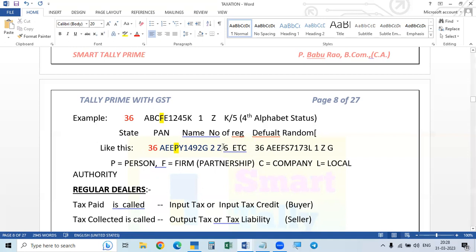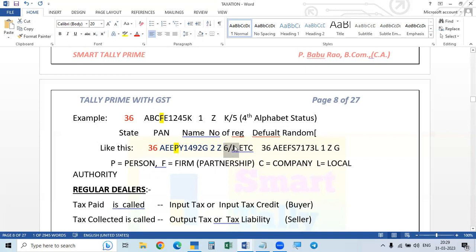Till then, every GST number will have Z, and after that there will be one number or alphabet. It is called the check digit. It will verify the correctness of the PAN card and the registration number.